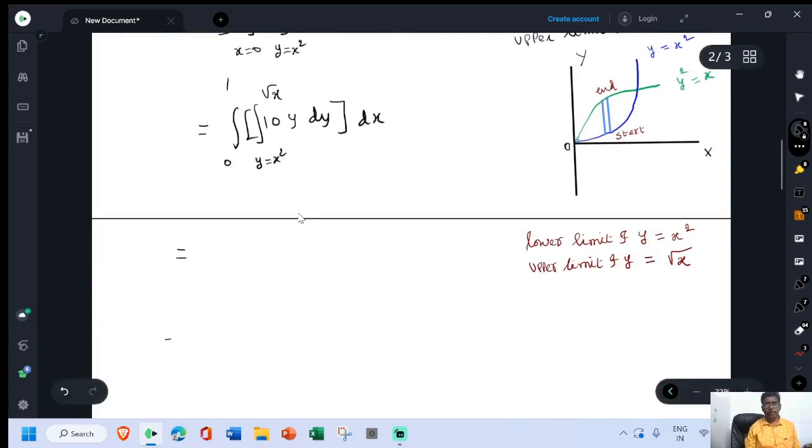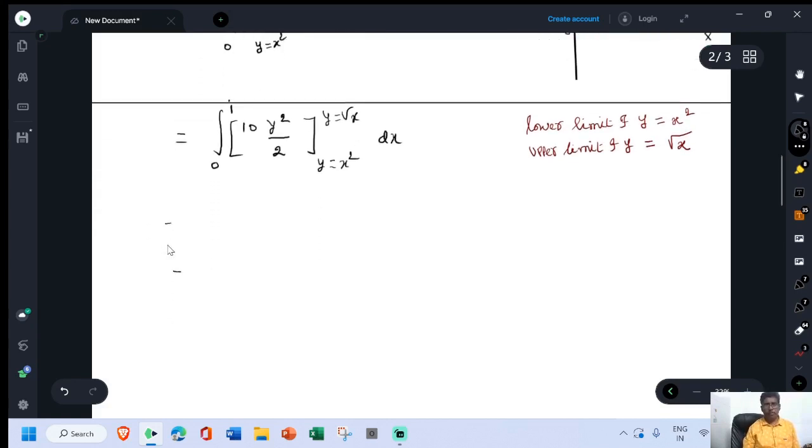Then integrate this: 10 y square by 2, with the limits y equal to x square and y equal to root x, into dx.